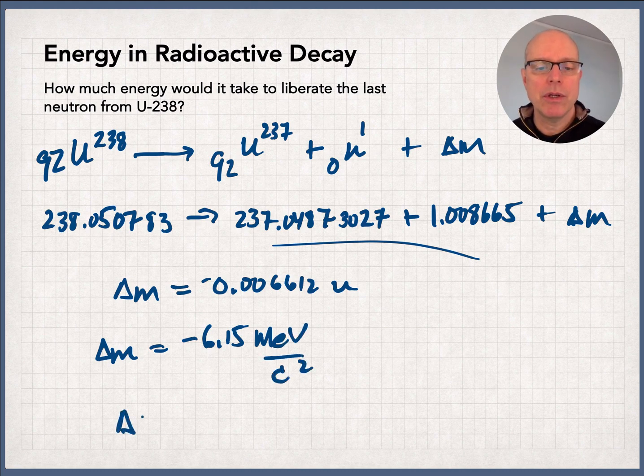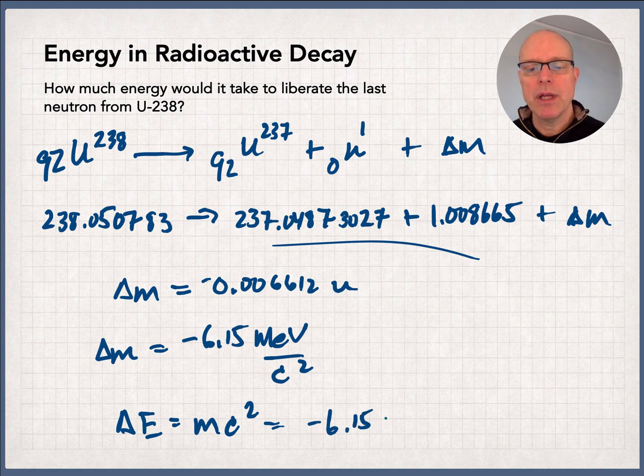And then change in energy, or energy taken, is going to be mc squared. We multiply negative 6.15 MeV over c squared times c squared, and we get that the missing energy is 6.15 MeV. Okay?